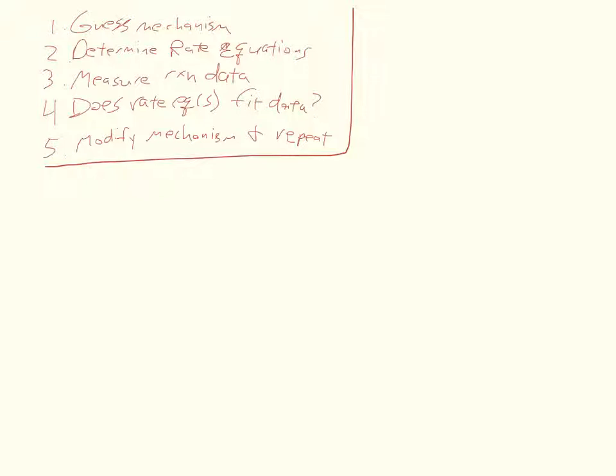Let me just box this here. The HI reaction. So the HI reaction, now people have studied a reaction between hydrogen and iodine to form HI, and various different mechanisms have been postulated. So let me just throw these out at you.